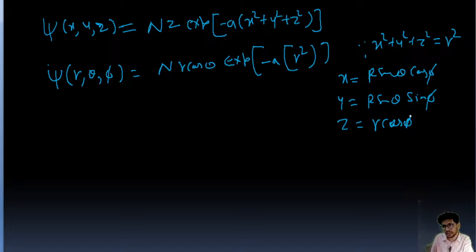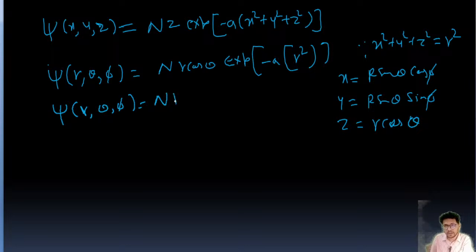My apology, this is r cos theta. Okay, so we can write psi of r, theta and phi is going to be N r cos theta e to the power exponential minus a r square, right?